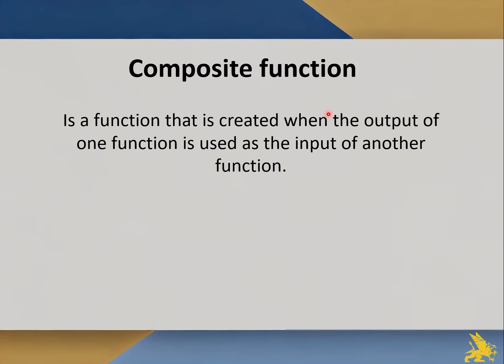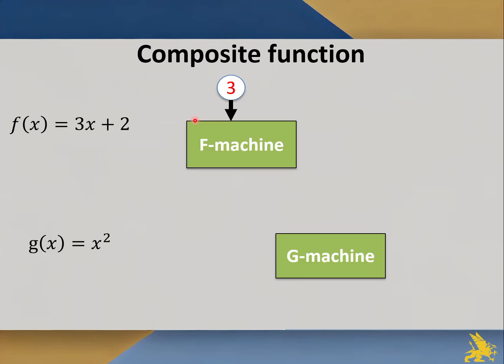A composite function is a function that is created when the output of one function is put into the input of another. So just quickly, if I've got these two functions here, we are putting the x value of 3 into the first function. It then spits out 11 because 3 times 3 plus 2 is 11. So that's my output, which is my range of my f function.